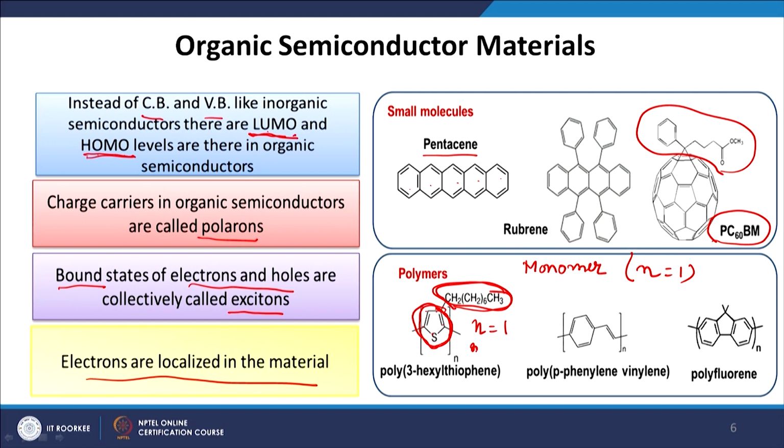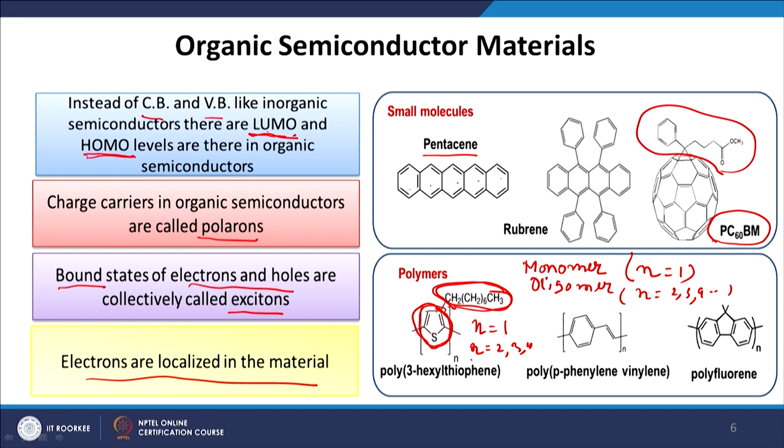Now, if N is equal to, let us say, 2, 3, 4, then it is not a big structure, but also not a single unit structure. This kind of structure we call an oligomer, where the value of N is 2 or 3 or 4, up to 5.